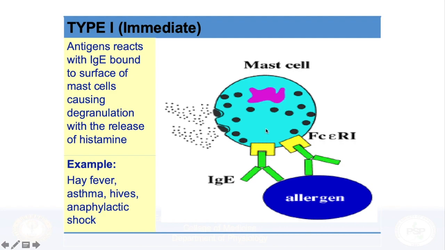Upon binding, the mast cell degranulates, releasing histamine. So the examples of type 1 reactions could range from a simple allergic response, asthma, to this condition known as anaphylactic shock, which can be fatal.